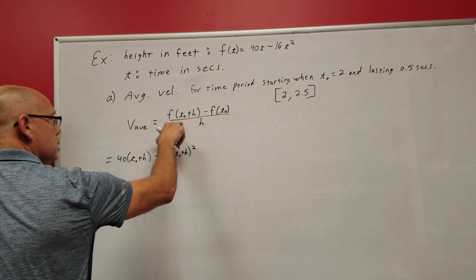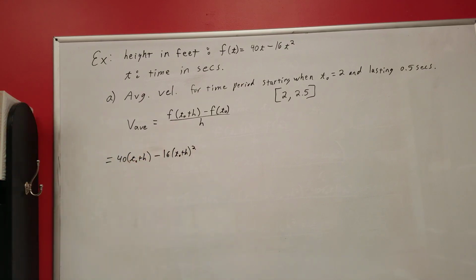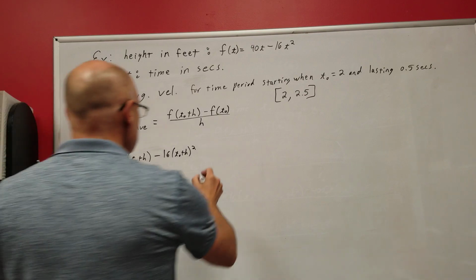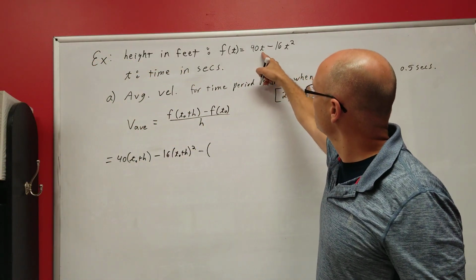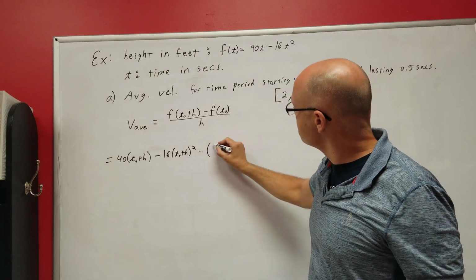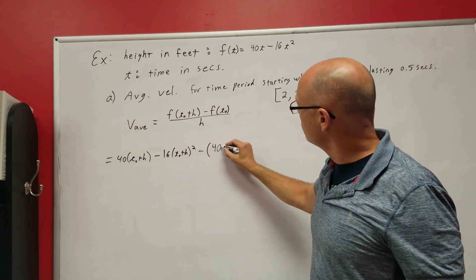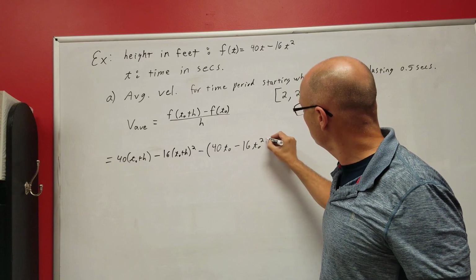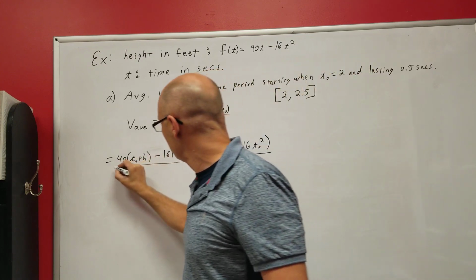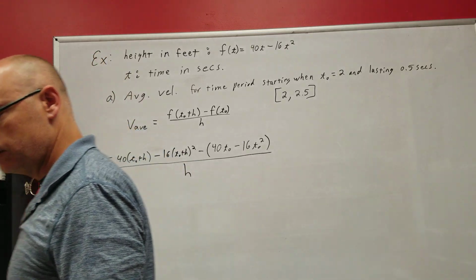So that takes care of this part, right? Minus f evaluated at t naught. So minus this stuff evaluated at t naught. That gives me 40 t naught minus 16 t naught squared, all over h.